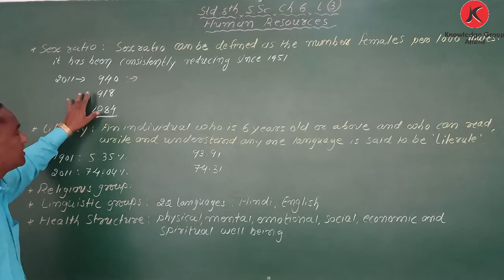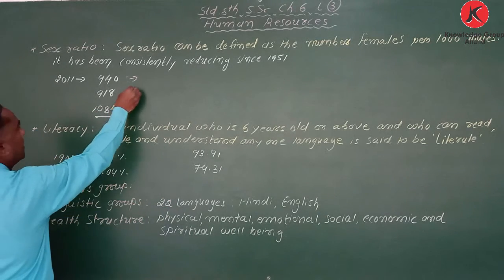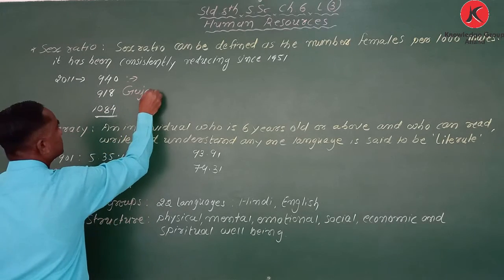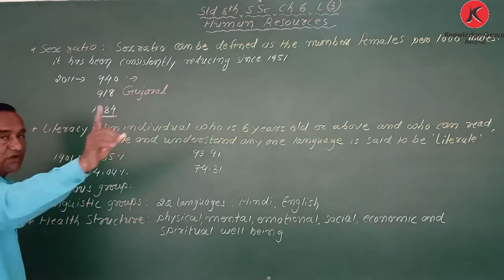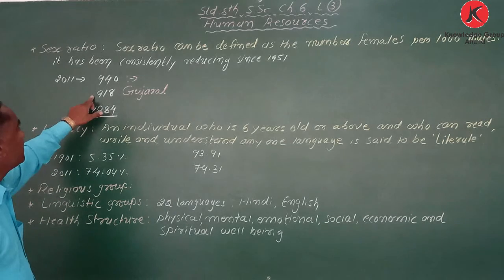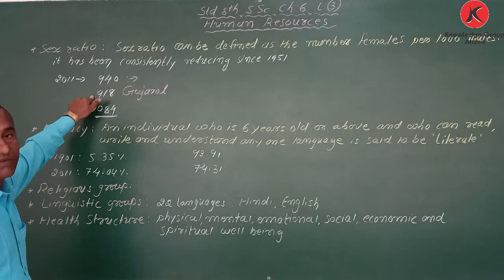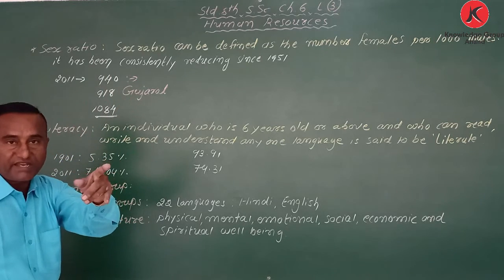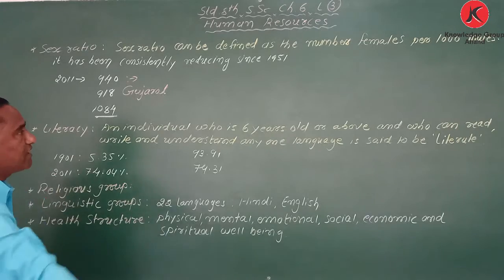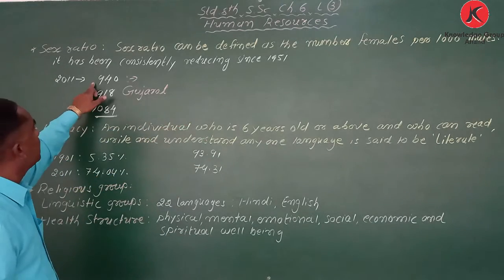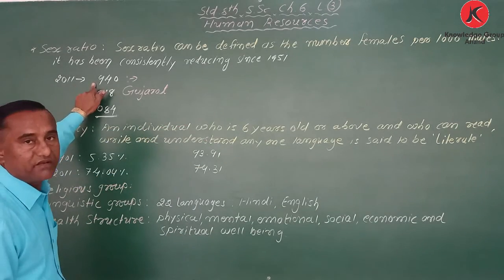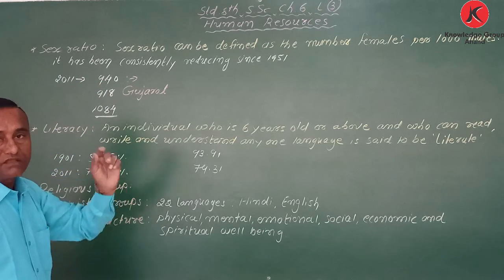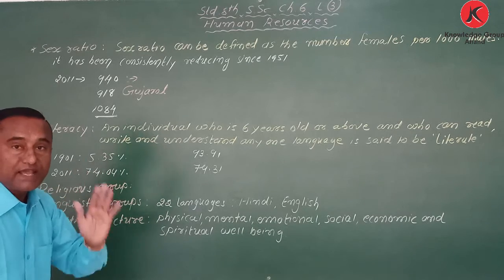Here in Gujarat, what was the sex ratio? In Gujarat we have per thousand males, 918 females. It means less. When we consider India, per thousand males, 940 females were there, while in Gujarat we have fewer females.